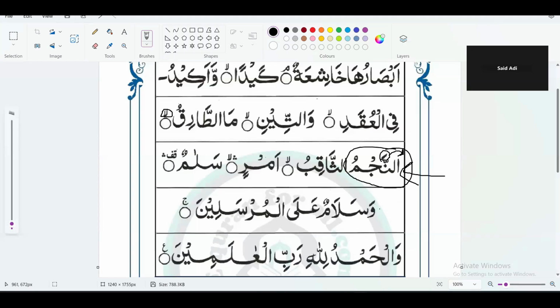Yes. And the second new thing you have to learn in this page is about these three dots. So this is also another rule in Quran. You will see sometimes the three dots come together in two places side by side.